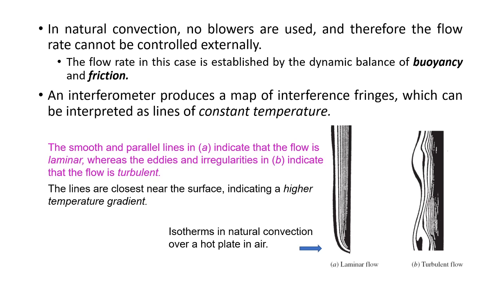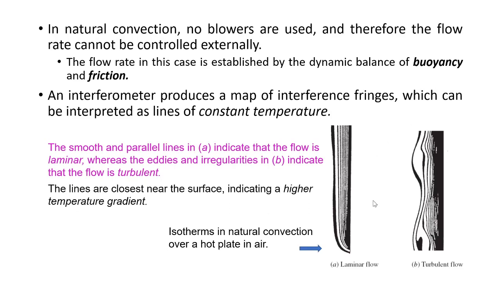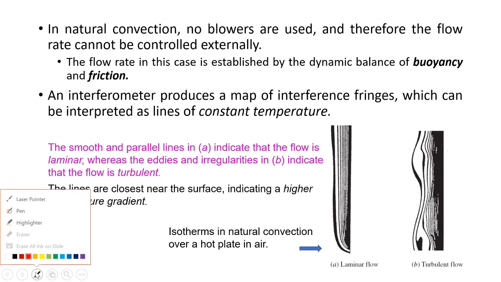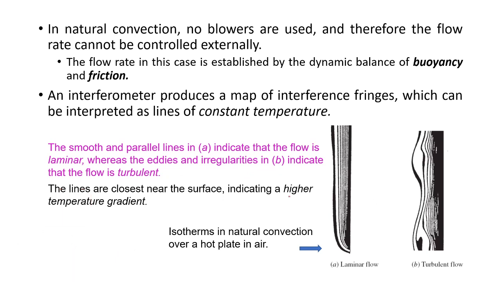You can see how this laminar profile is achieved and how this turbulent profile is achieved. It is because of the irregularities in the surface, because of the temperature variation in the plate. To achieve the laminar profile, the temperature in the plate should be uniform, and there might be some variation in this plate. So the turbulence is due to some external means.